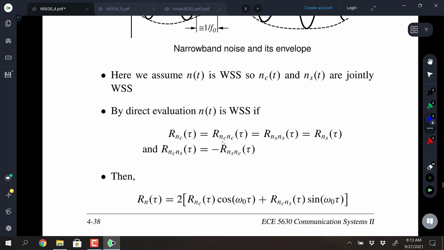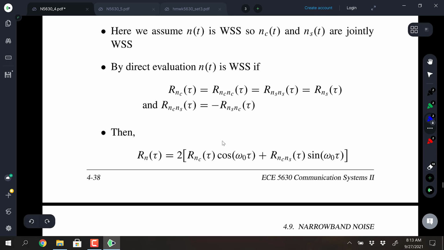So the assumption is that we're going to have white, wide sense stationary noise in this bandpass model for the noise, and that means that because n(t) is wide sense stationary, the in-phase and quadrature terms are also jointly wide sense stationary.